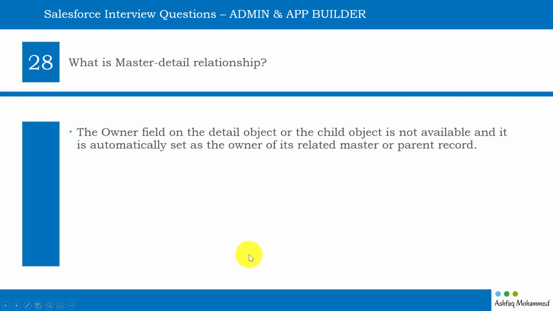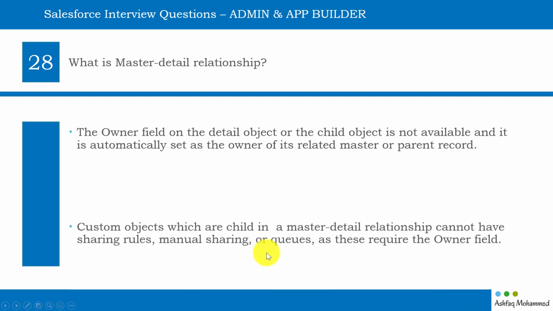The next important point for master detail relationship is the owner field in detail objects, or the child object, is not available. Just go ahead and open two objects which have a master detail relationship. You can see the owner field will be available on the master, but you will not see the owner field available for the child.